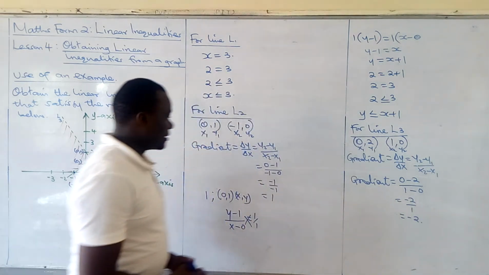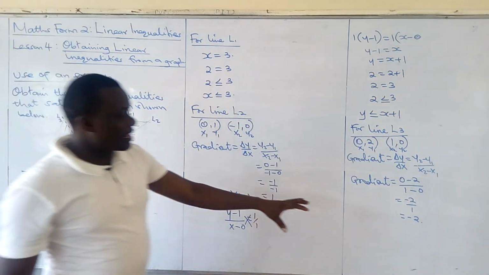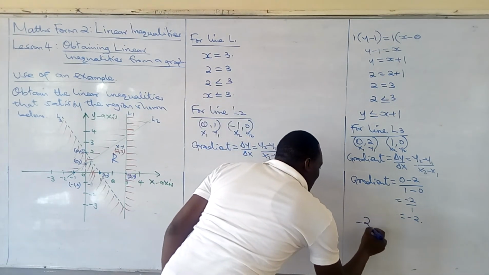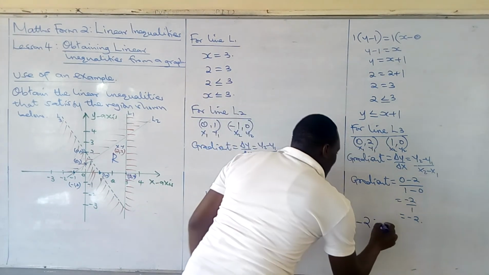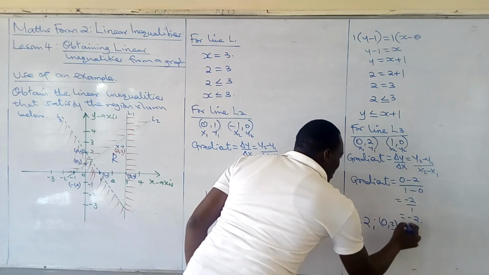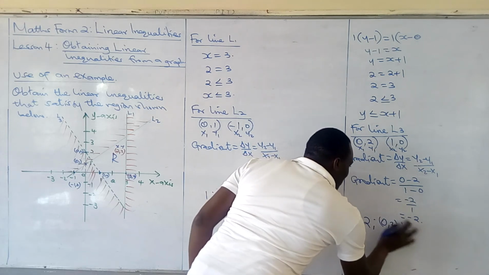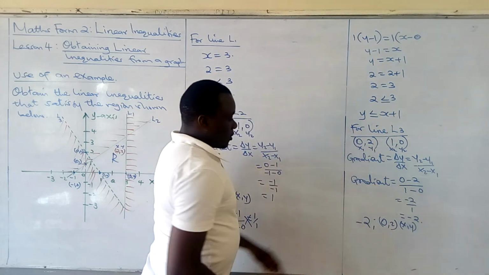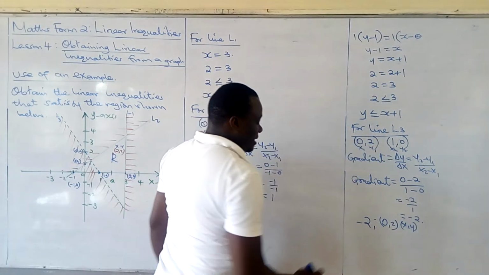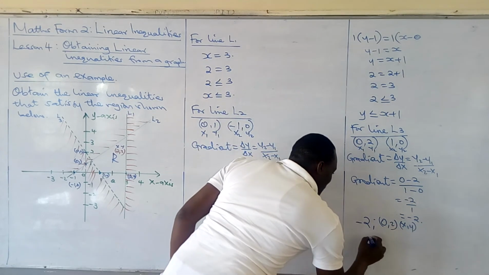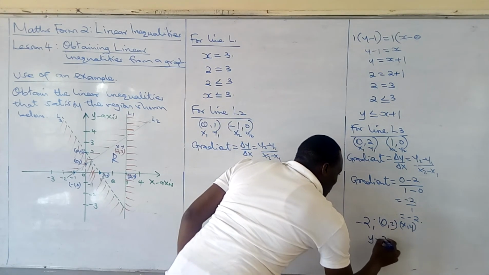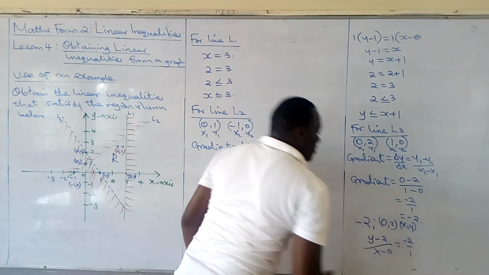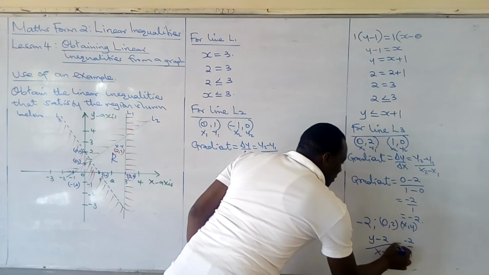So that's our gradient. Once we obtain the gradient, we go back to finding the equation. We pick one of the points. You can pick the first given point. We assume that we don't have the other point, so we put x, y. Using the same method of finding the gradient, we take change in y. That's y minus 2 over x minus 0 is equal to the gradient. So we can put over 1. Then we cross multiply.